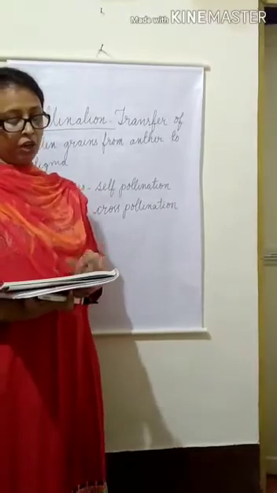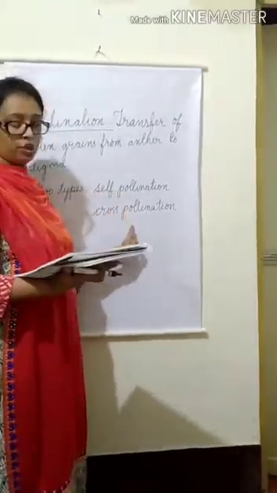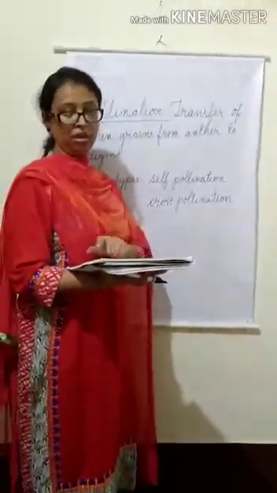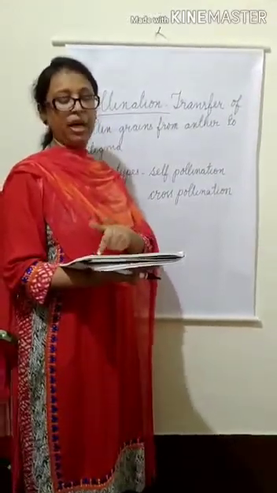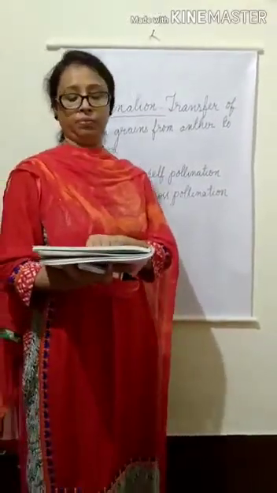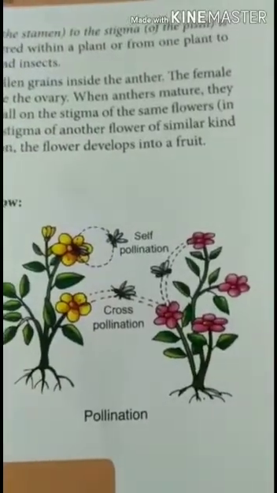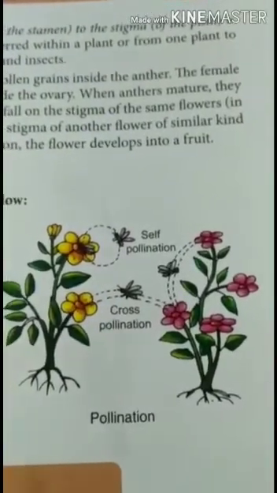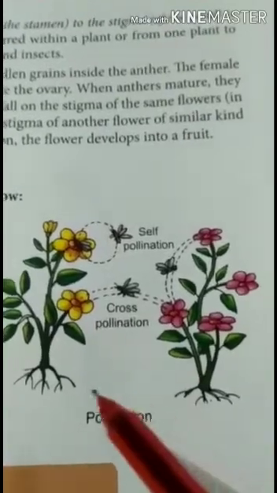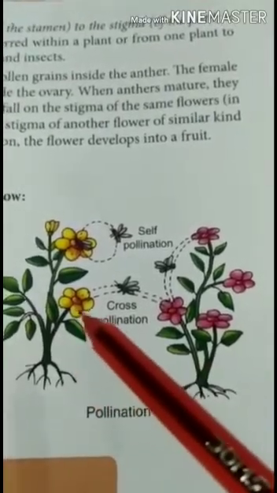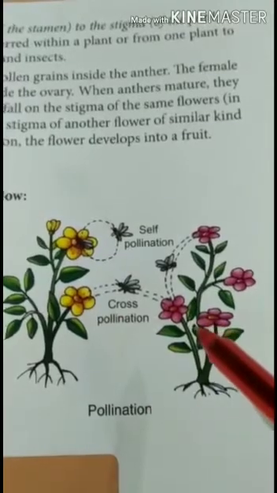I've already explained self-pollination and cross-pollination, but I'll explain again with the help of this diagram. You can see two plants, one having yellow flowers and another having pink flowers.